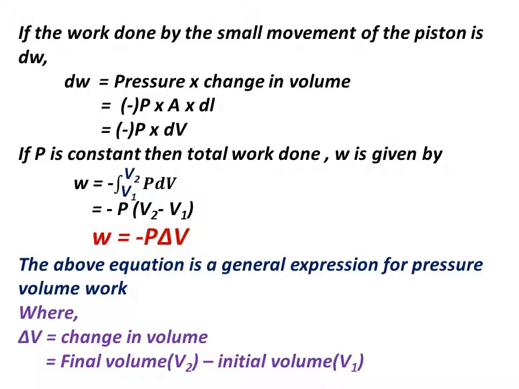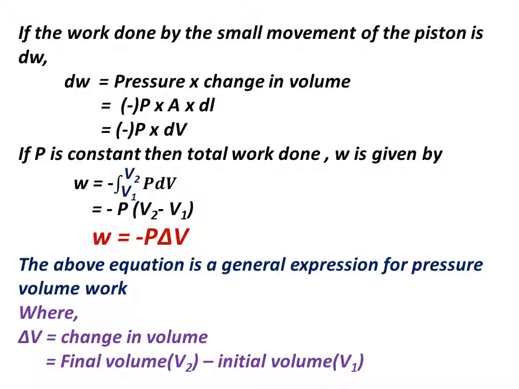I have already told you, whenever we want to denote change, we write delta: delta V, delta T, delta P. So change in volume, change in temperature, change in pressure, etc. Here w, the work done, is equal to minus P delta V. This is the general expression for pressure volume work, and this derivation is very important.